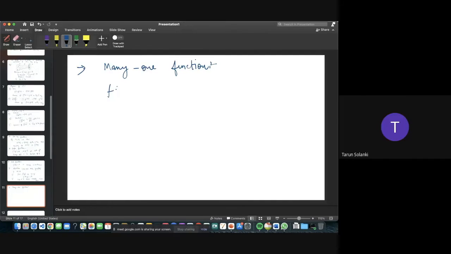So we can write f from A to B is many-one if there exist x1 and x2 belonging to A such that x1 is not equal to x2 but f of x1 is equal to f of x2. It can also be defined as: the function is many-one if it has a local maximum or local minimum, right?